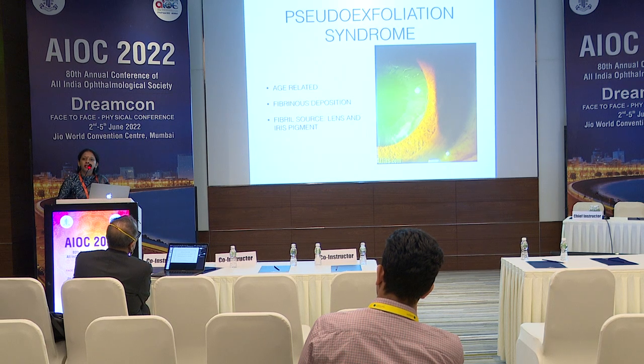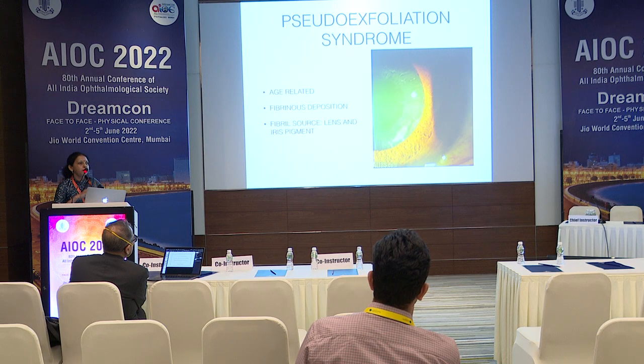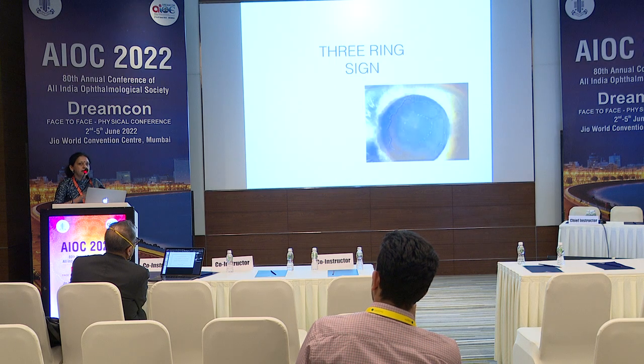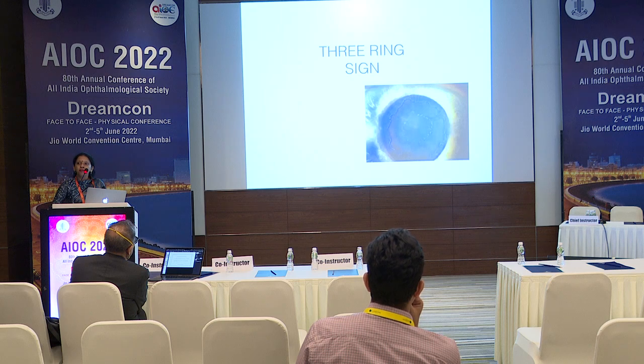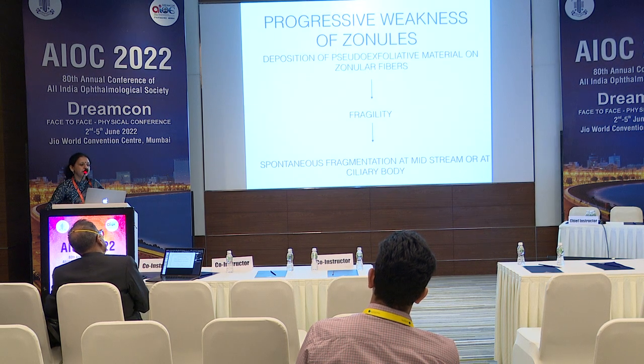This is an age-related degenerative change wherein there is deposit of fibrillar material over the iris and the anterior segment of the eye. This fibril is deposited in the form of rings over the anterior capsule, and this is a classical 3-ring sign which is seen with a clear zone in between the 2 rings.